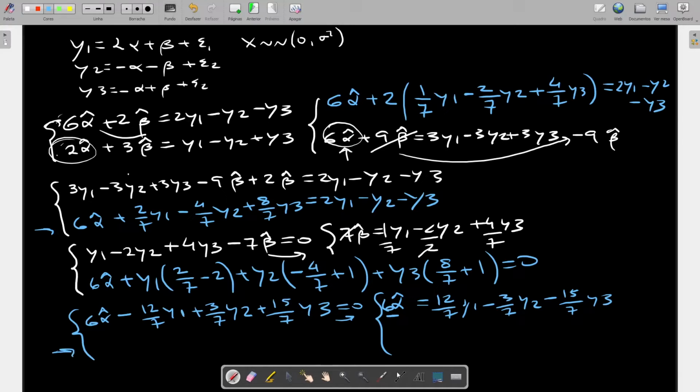Well, let's continue on this side in order to get this in the same pane, not to get confusing more than already is. So we have 12 divided by 42 y1 minus 3 divided by 42 y2, so this is alpha, minus 15 divided by 42 y3. So this is your alpha value.